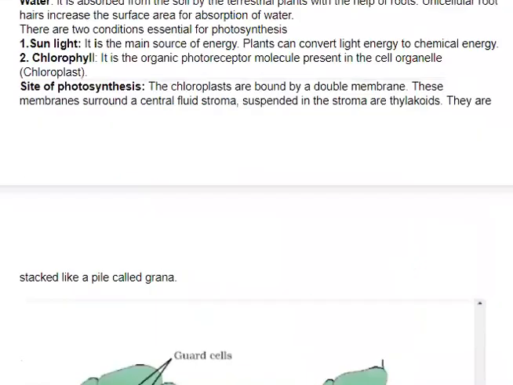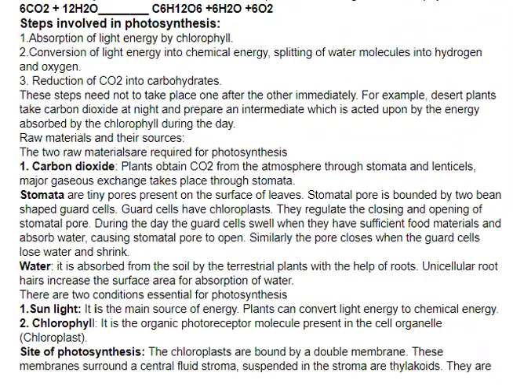Now, what are the functions of stomata? Exchange of gases and transpiration. These are the two main functions of stomata. Stomata are tiny pores present on the surface of leaves. The stomatal pore is bounded by two bean-shaped guard cells, and guard cells have chloroplast.